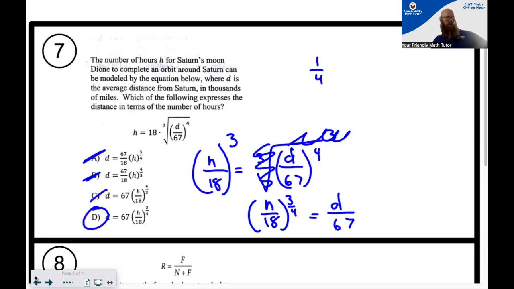All right, so not only are we trying to skim the problem and read as little as possible, we're trying to do the least amount of work to get the right answer, right? It's a timed test, we want to use all the math concepts. These are not tricks to replace the math concepts. You have to know the math concepts. You have to know how to rearrange and you have to know how to use rational exponents and all of that.